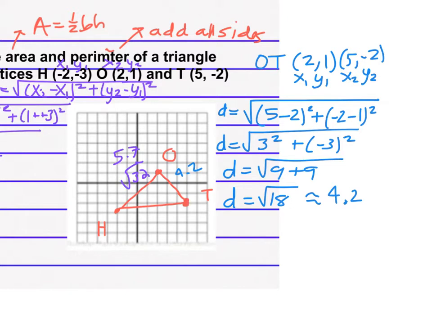Okay, the last side I need to do is HT. If I'm doing HT, I have the points -2, -3. There's x1, y1. And if you reverse the order, you'll get the same answer. So pause the video, try this.